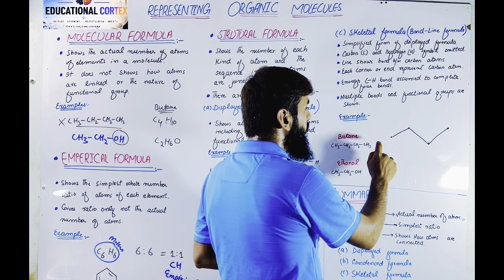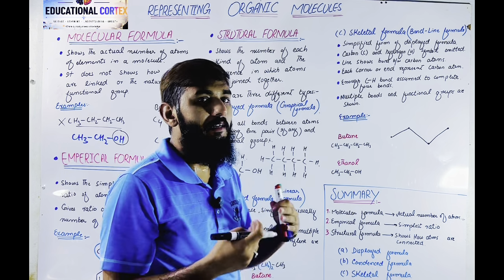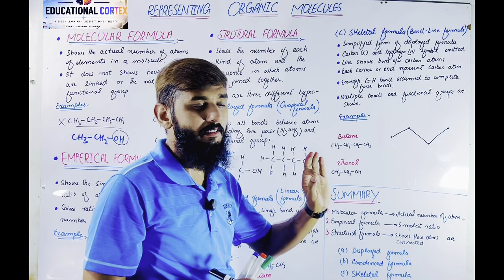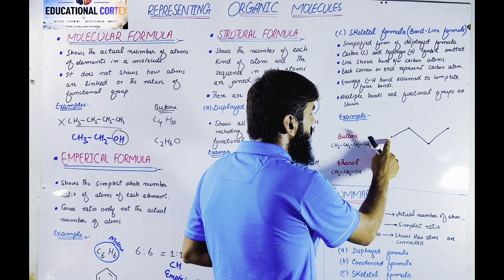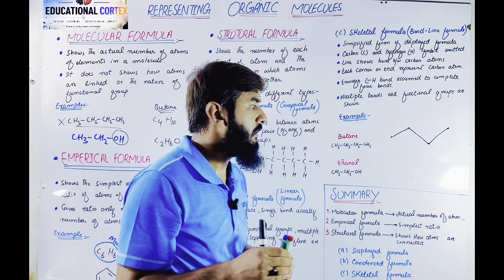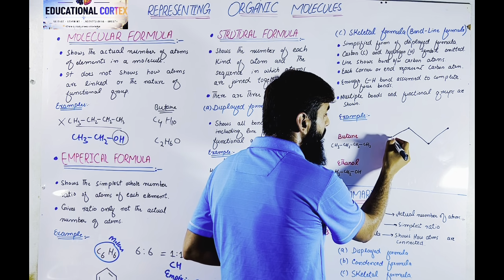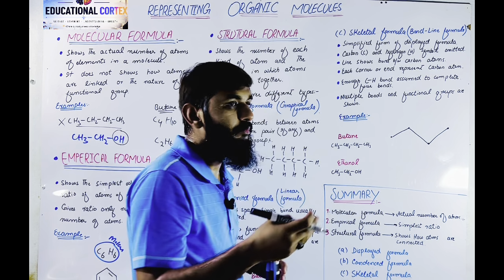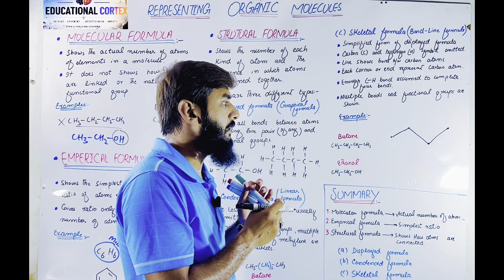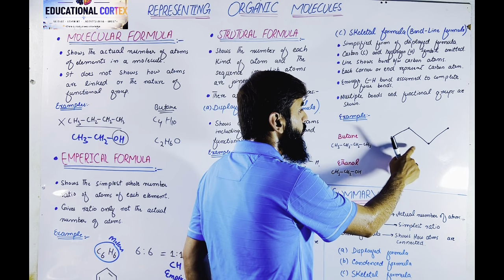Instead, we assume each end and each corner is a carbon atom. And we will assume hydrogen atoms for the spare bonds of carbon. Say, for example, this carbon atom and this carbon atom have one bond, so this carbon has a further 3 spare bonds. So we will assume the spare bonds will be bonded with hydrogen atoms, but we cannot write them in the skeletal formula. So this is the structure of butane.